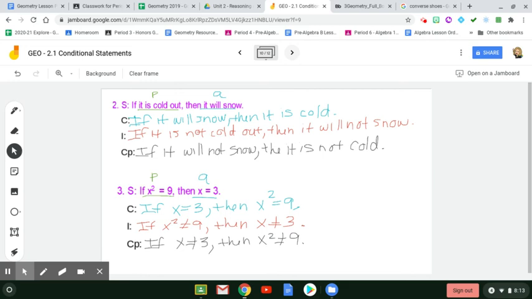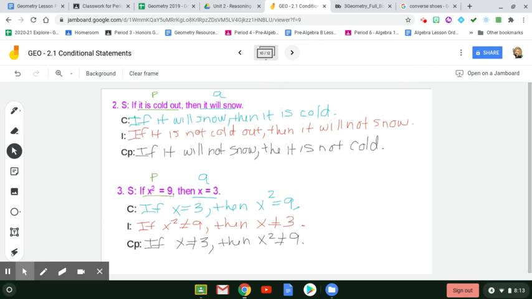Okay, converse flip-flops, right? If the angles are adjacent, then angle A and angle B are supplementary.